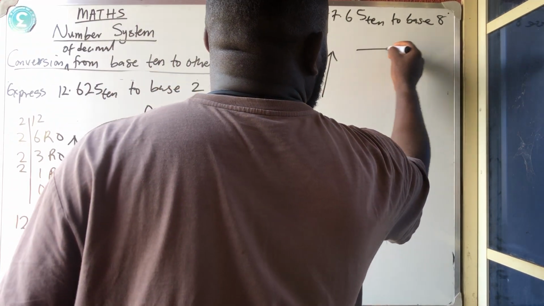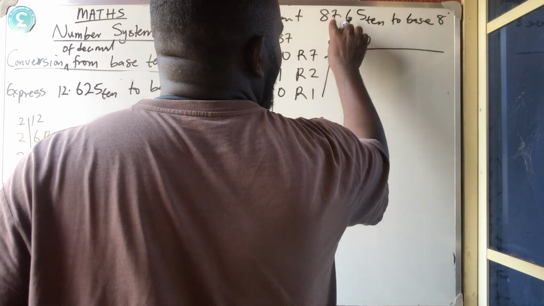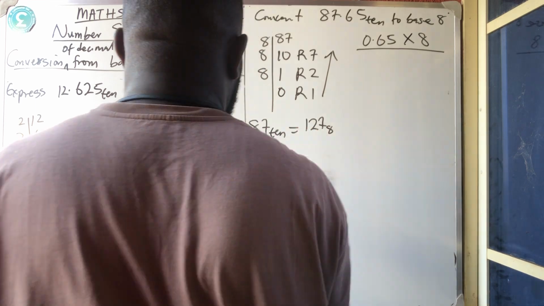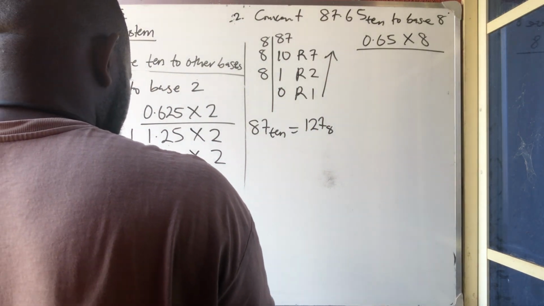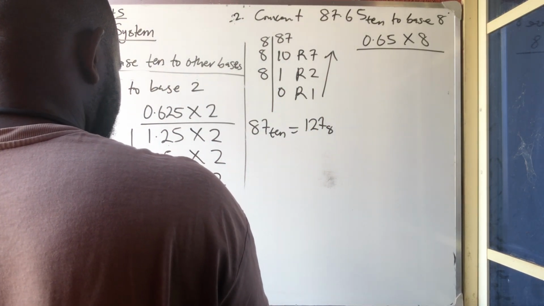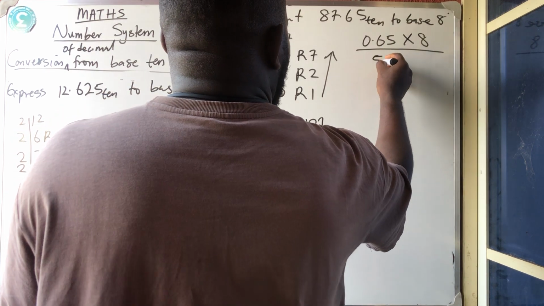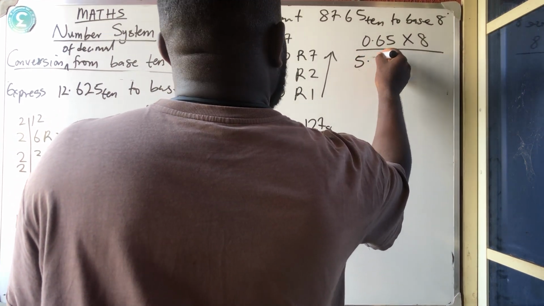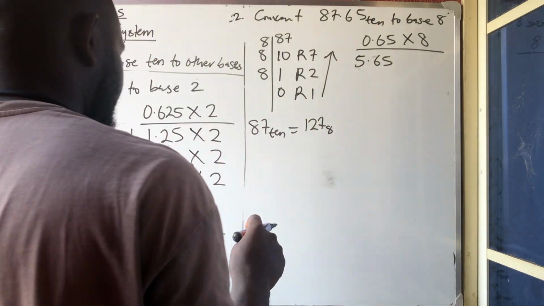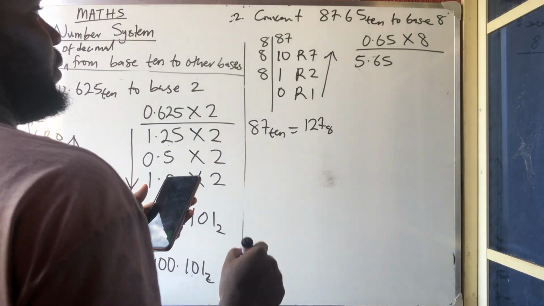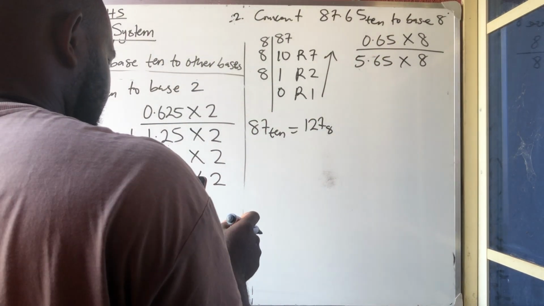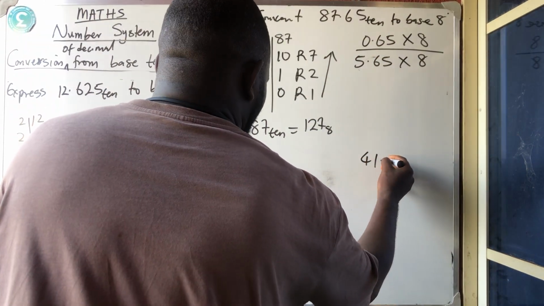Now for the decimal part, you draw a line and say 0.65. This is the decimal part, times 8. All right, let's go. So 0.65 times 8, I'm having 5.2, then 5.65 times 8 again, I'm having 41.6.